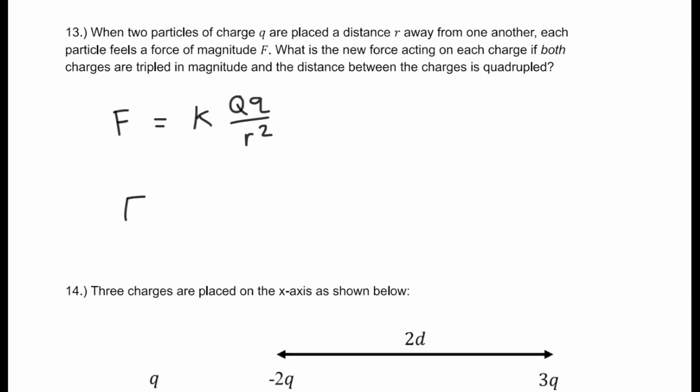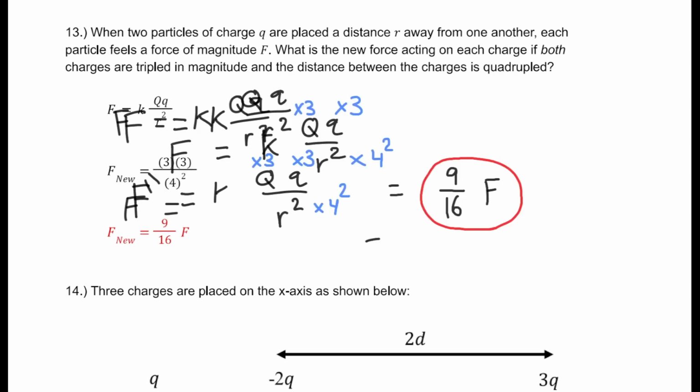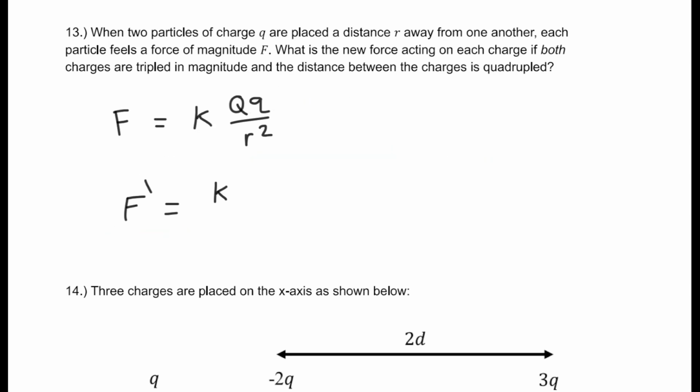And then whenever I deal with a change, I always rewrite the problem, except I write a little prime symbol. So F prime is equal to K times Q squared divided by r squared, and here's where I put in my multipliers. I said I tripled both charges, so both charges, which are in the numerator, get multiplied by 3.